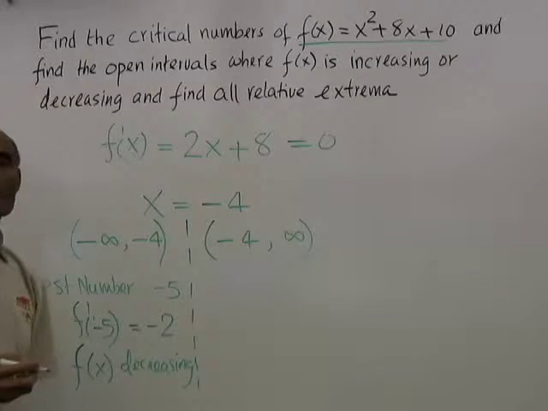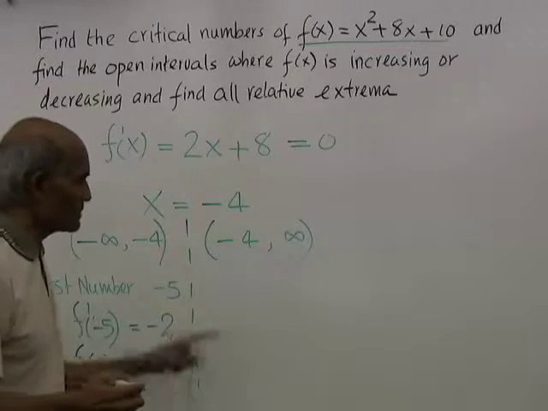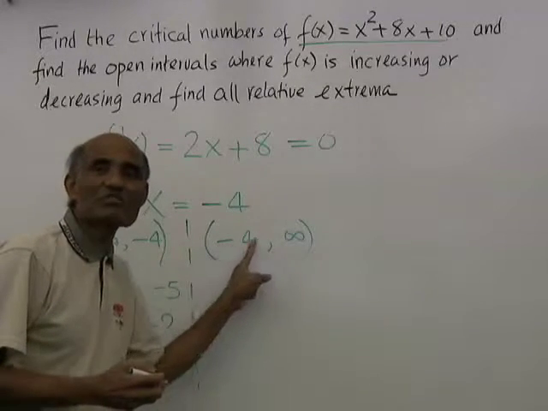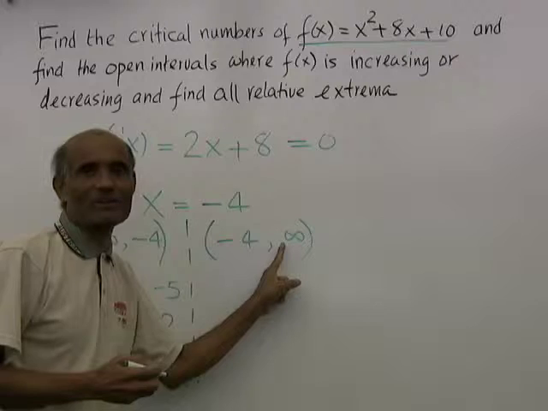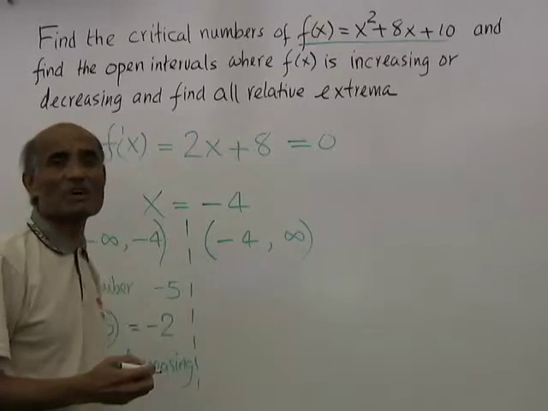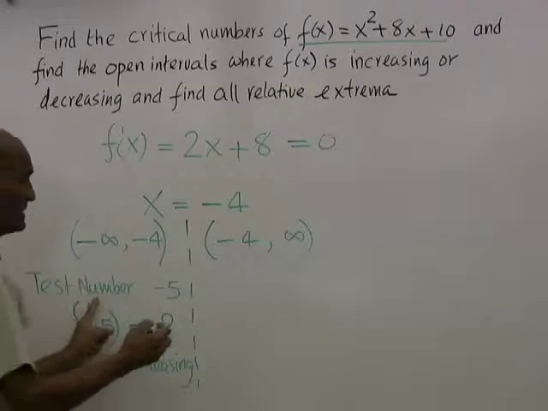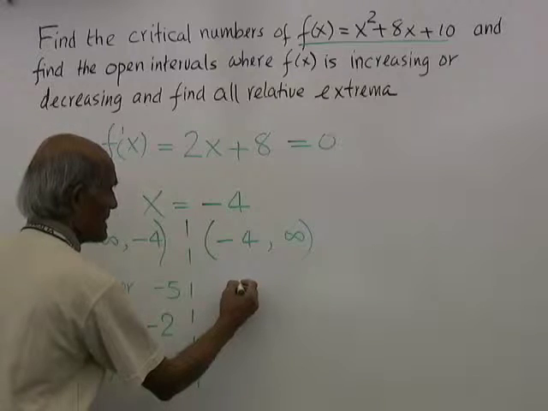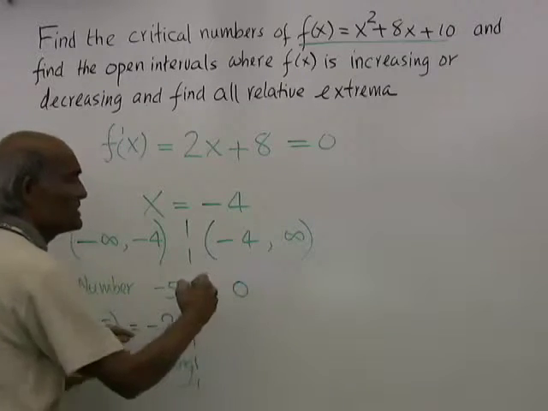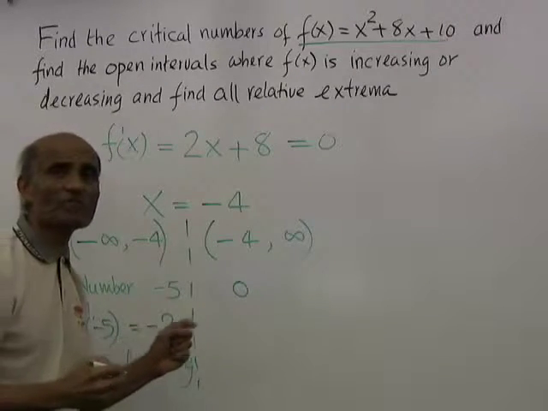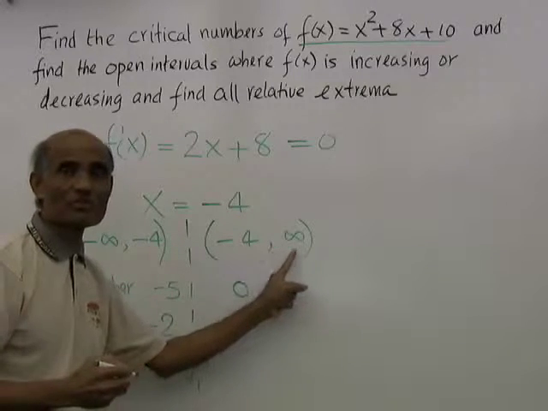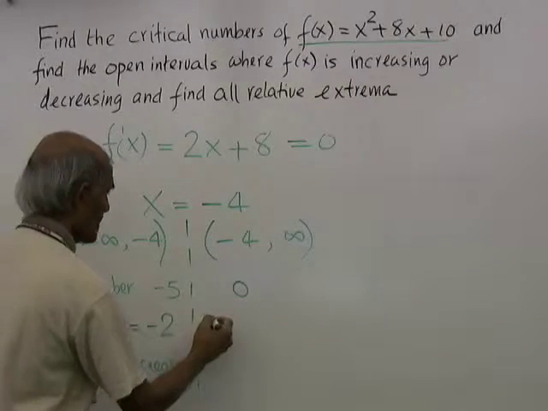-4 to infinity. Give me a test number on that interval, a convenient test number. Well, a test number on that interval seems to be 0. 0 is the most convenient one, is that right? 0 is on that interval. All right.